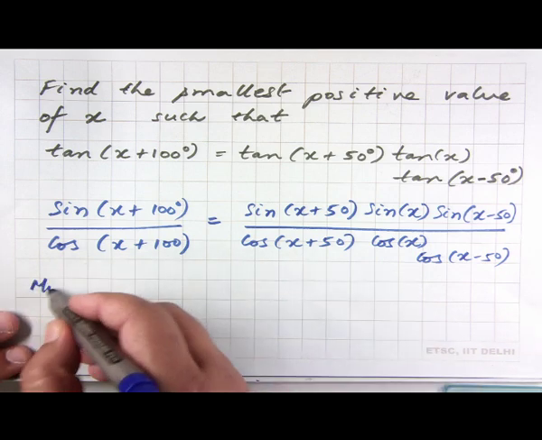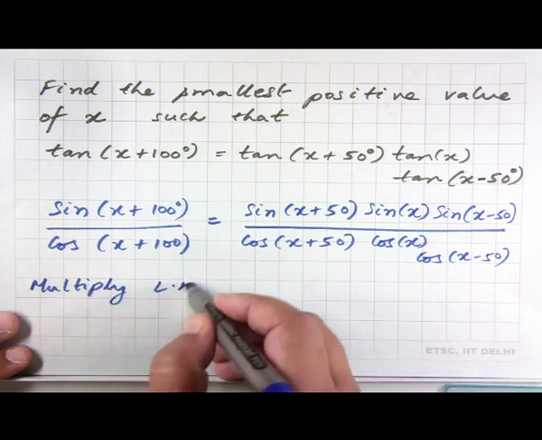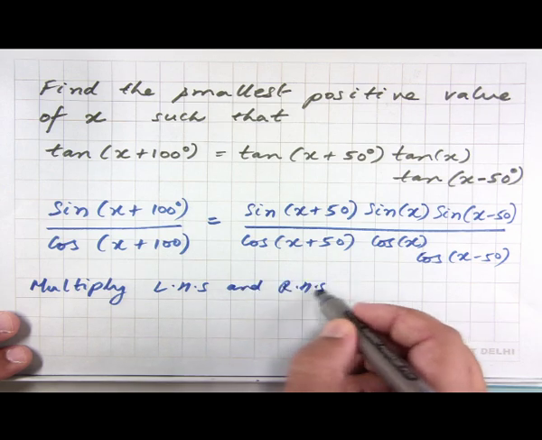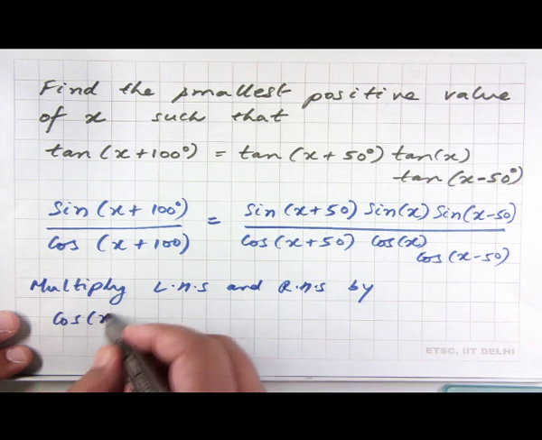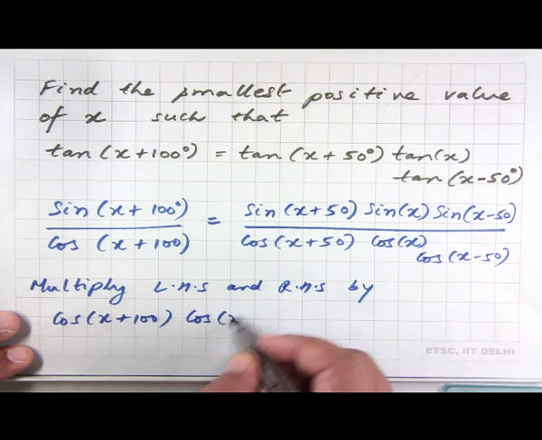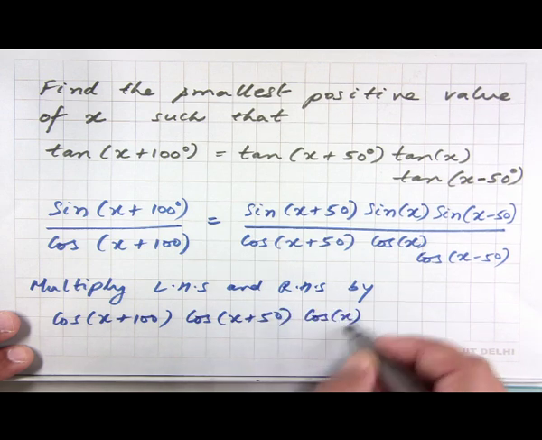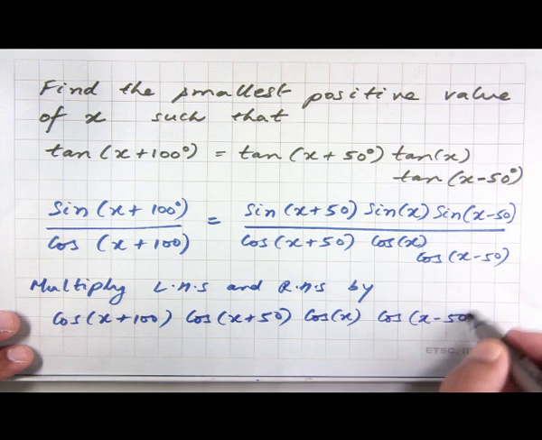and then we multiply both sides. So, multiply LHS and the right hand side by cos of x plus 100 times cos of x plus 50 times cos x times cos of x minus 50.